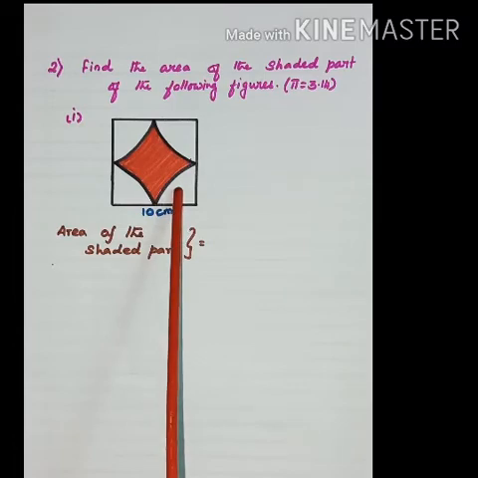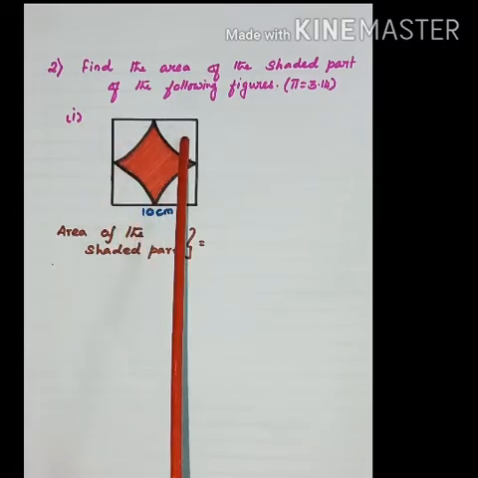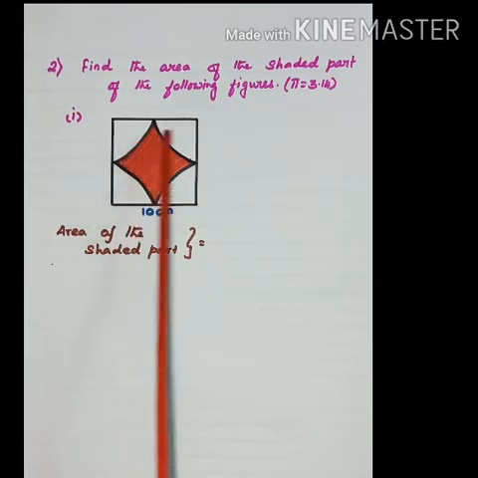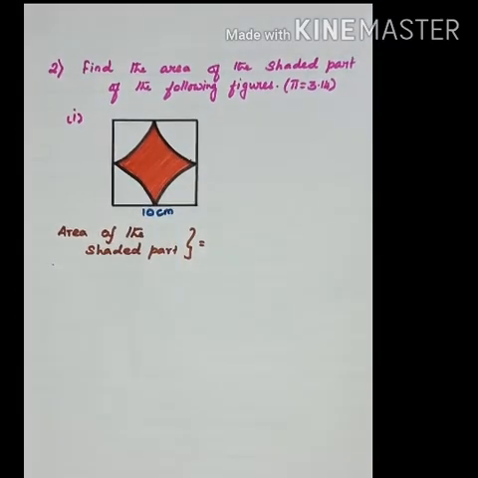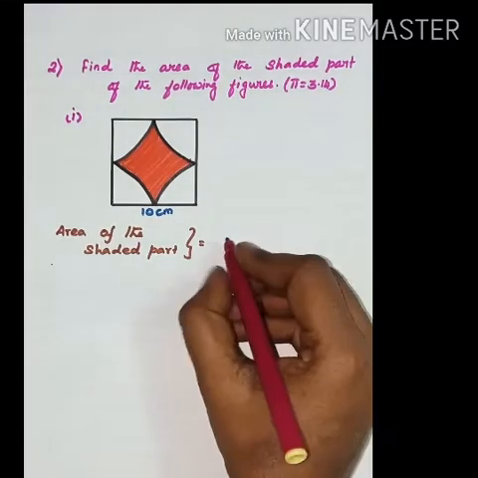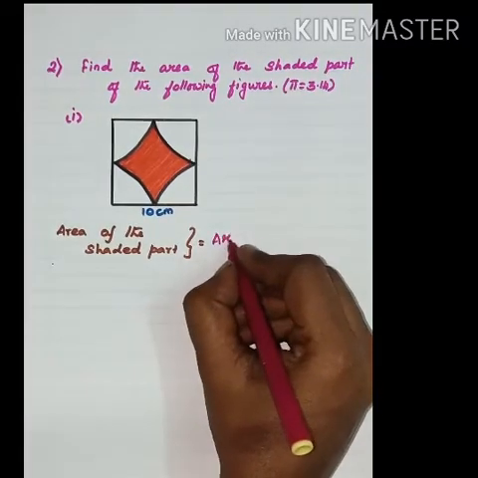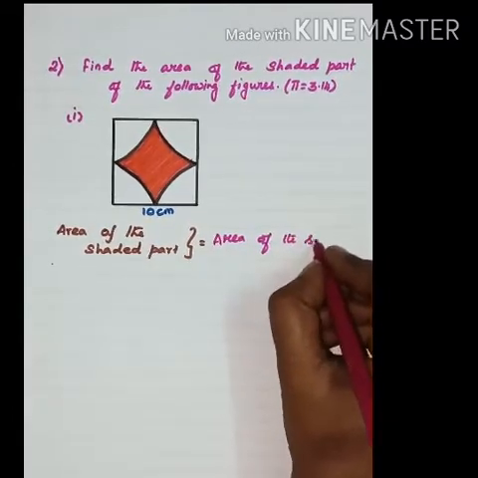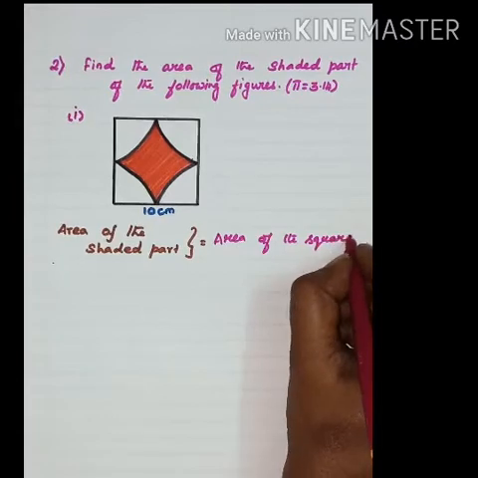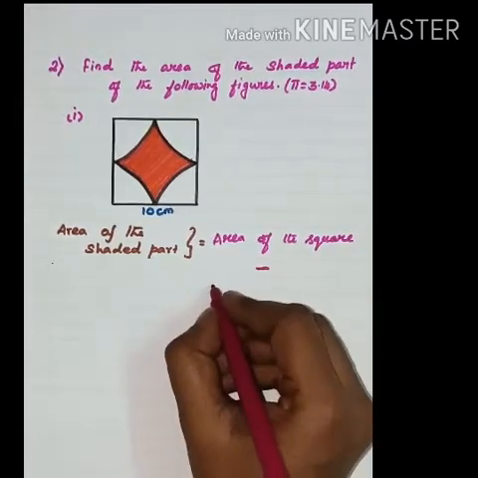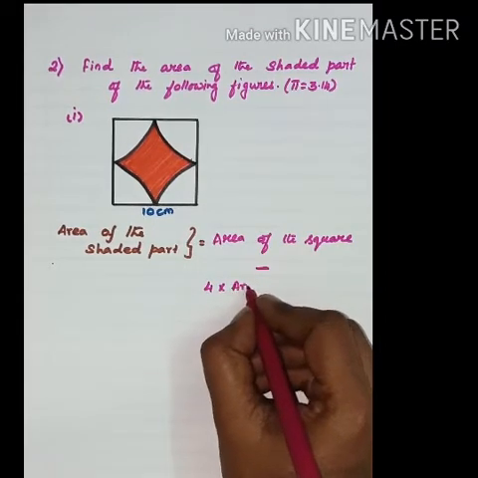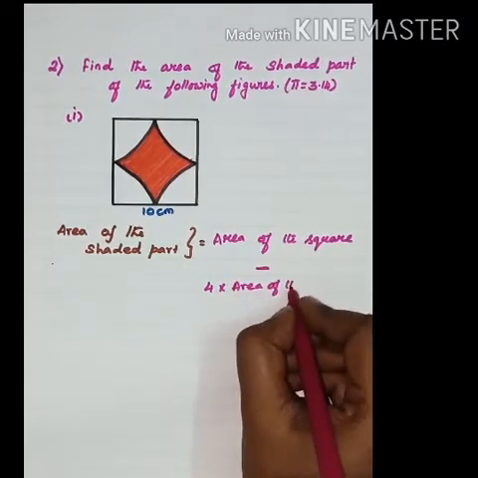Once again I will repeat, 4 times the area of the quadrant is nothing but the area of the circle. So, area of the square minus 4 times the area of the quadrant.